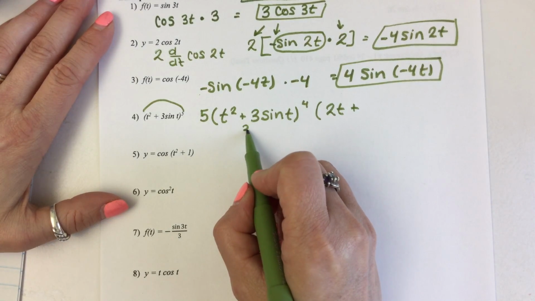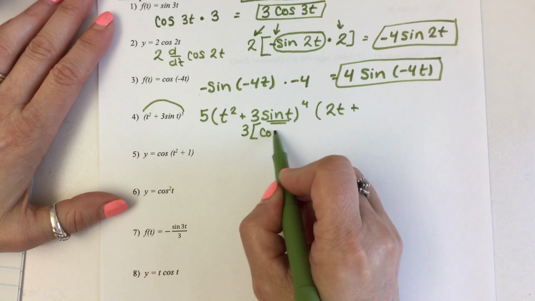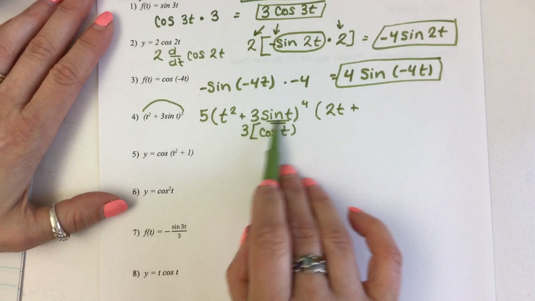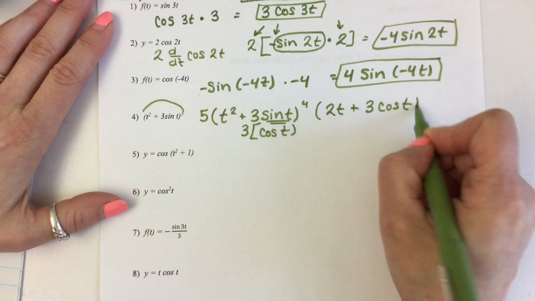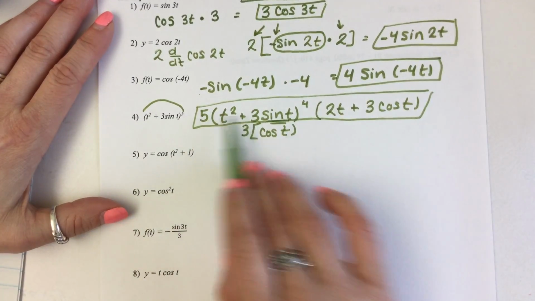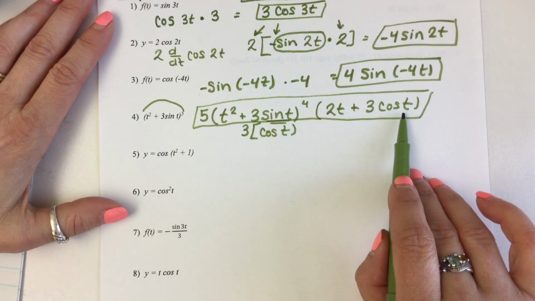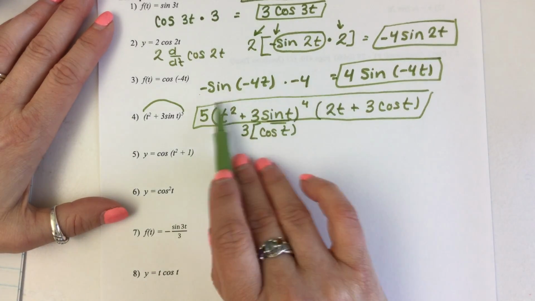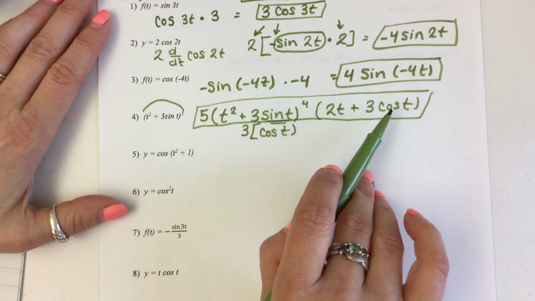Plus, if I take a 3 out and then I take the derivative of the sine, that's the cosine of t. So the derivative of this piece is 3 times the cosine of t. You can leave it like this. The other option, because you do not have an exponent on 2t plus 3 cosine of t, you could distribute the 5 in if you wanted to, but it is okay just to leave it like this.